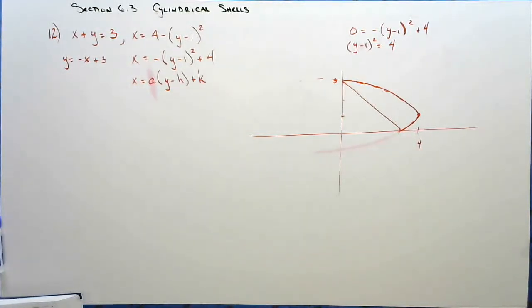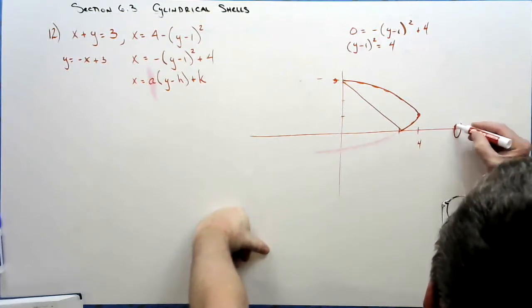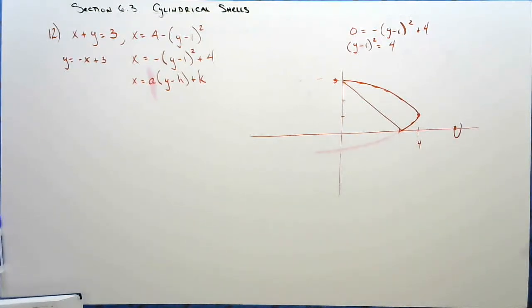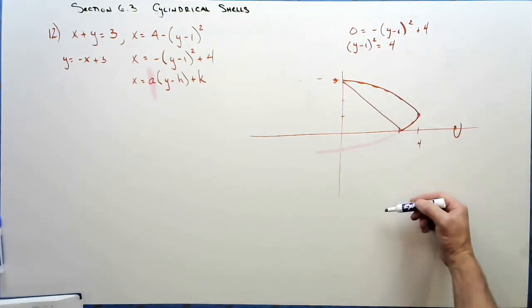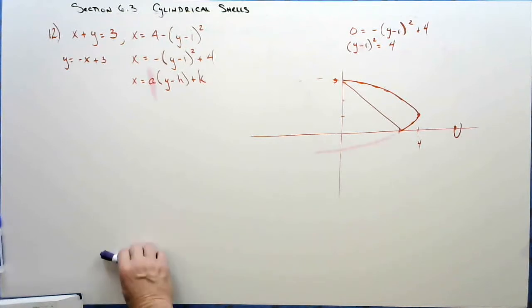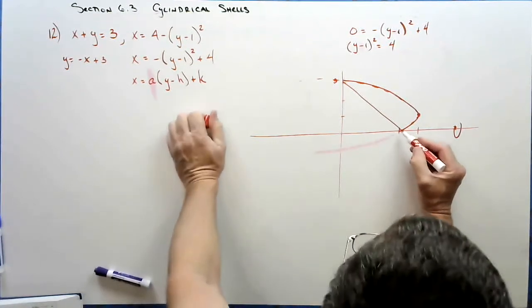Now, if we read the instructions for problem 12, it says rotate this about the x-axis. So we want to rotate around here. Now we have to take a look and see which way we want to slice this. We want shells. If we were to slice it this direction vertically and then rotate it, remember our reflection is right here, right?